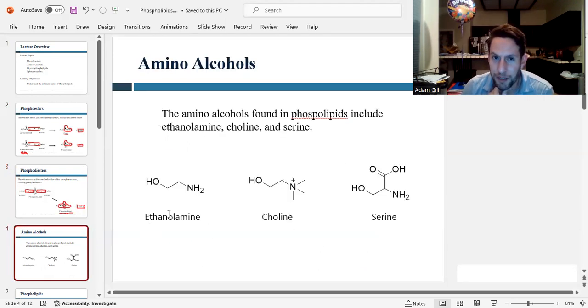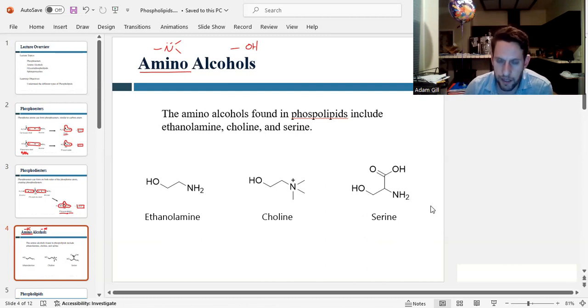The next thing I'd like to talk about are amino alcohols. Amino means that it has an NH2 group, or a nitrogen group. And an alcohol obviously is an OH. So an amino alcohol has both functional groups in the same molecule. There are three common amino alcohols that you see associated with phospholipids: ethanolamine, choline, and serine.